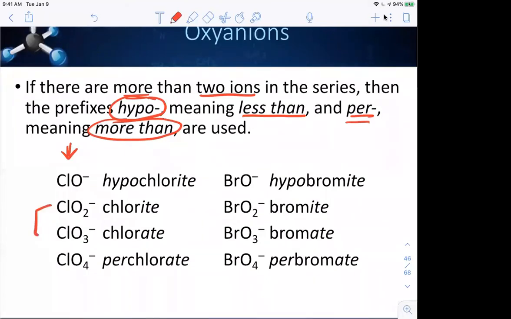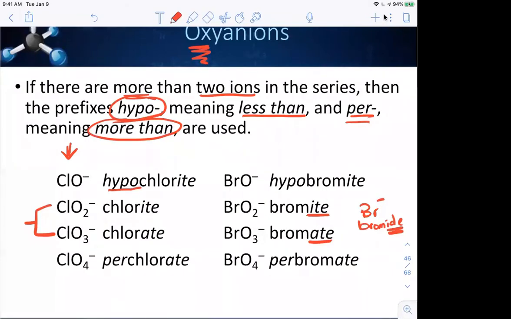The middle 2 are sort of my standard, right? Bromite, bromate. Notice this is different from Br minus, which is bromide. The ite and the ate imply oxygen, right? These are oxyanions.